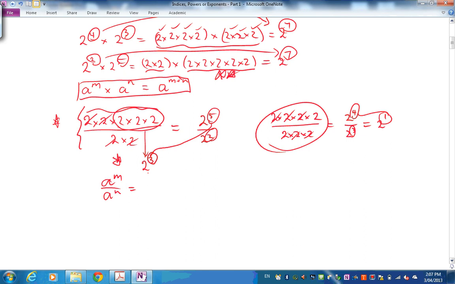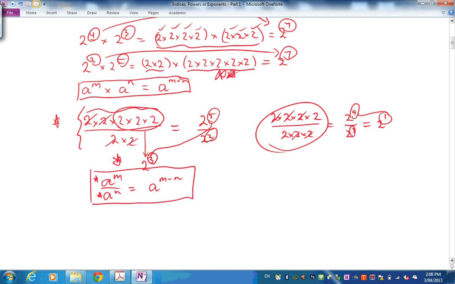Pause and write down what you think your conjecture should be for an expression which is a power of some base divided by another power of the same base. Clearly the bases must be the same. Well, have you done it? It's a to the m take n. So there's our second rule in Powerland.